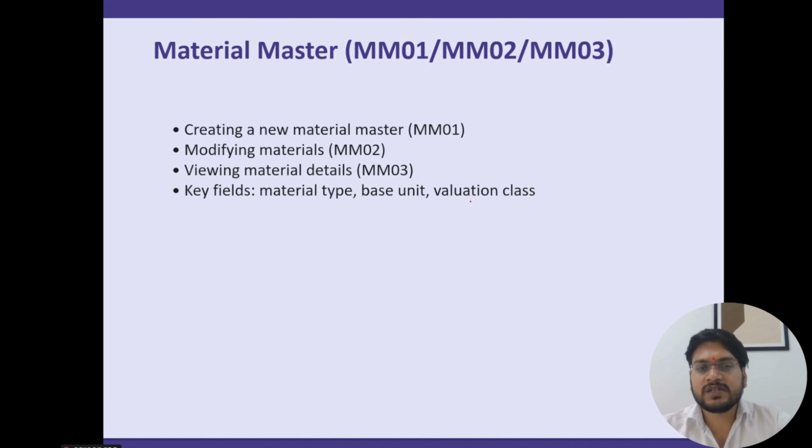I have taken valuation class, like for raw material its standard valuation class is 3000, 3001, 3002, 3003. So this is how you can create a material master record, right?